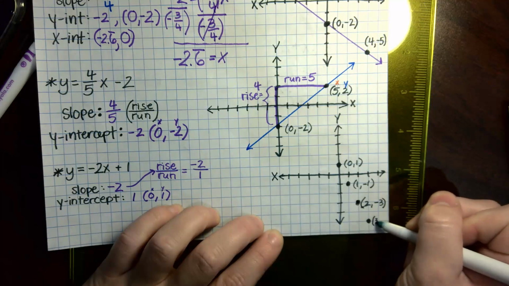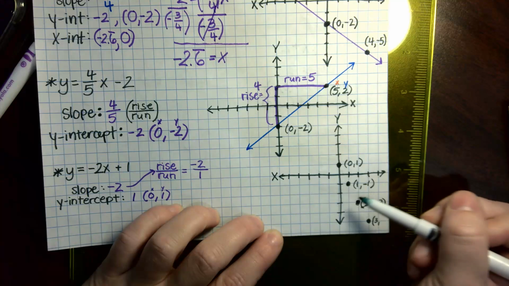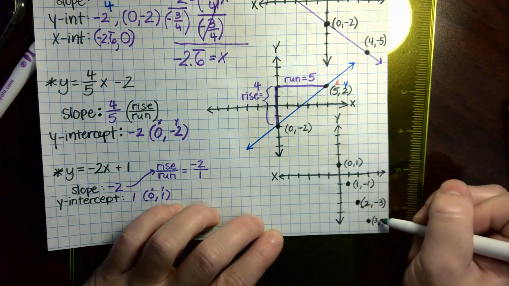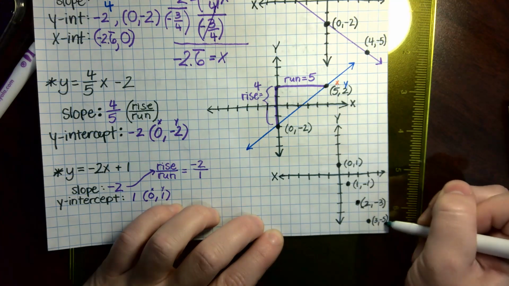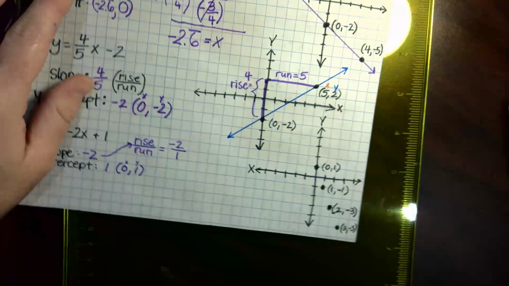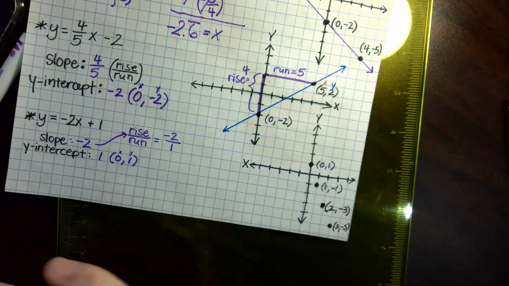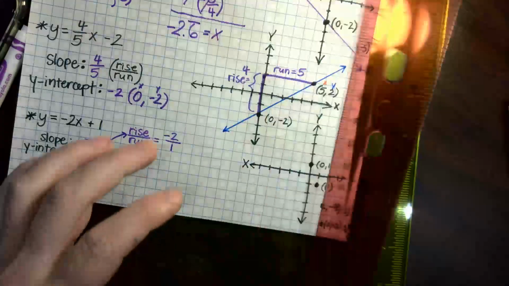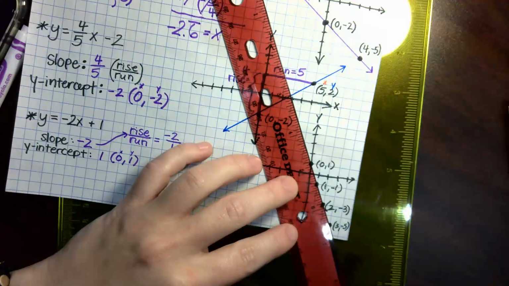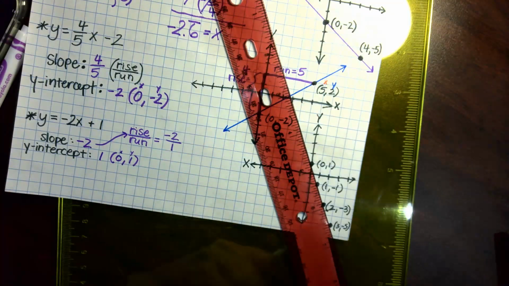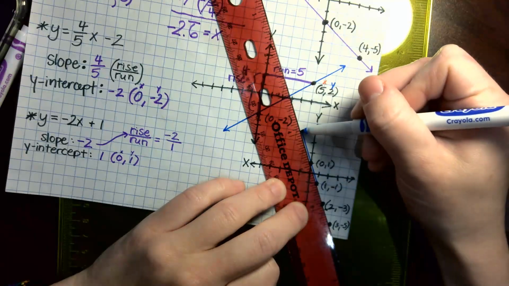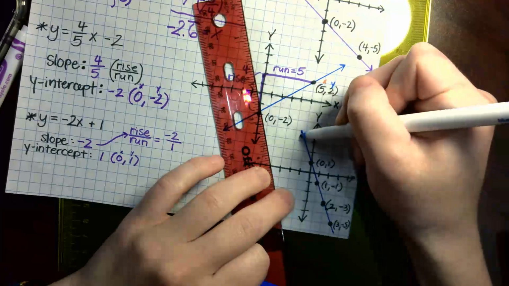And we could just keep going. x is 3, y is -5, I believe. And you don't have to label that many points. I'm just showing you. And now from here we connect the dots. And we've got a nice pretty line.